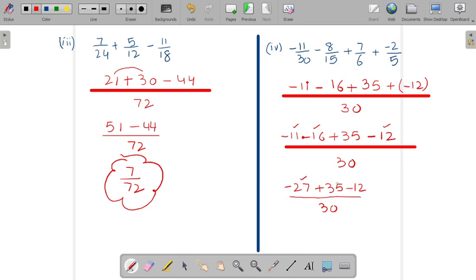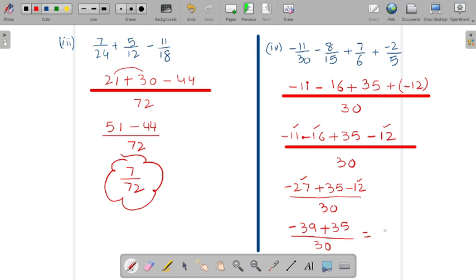Now minus 27 and minus 12, you will add them together. So what would it be? Minus 39 plus 35 upon 30. So what should be the next step?